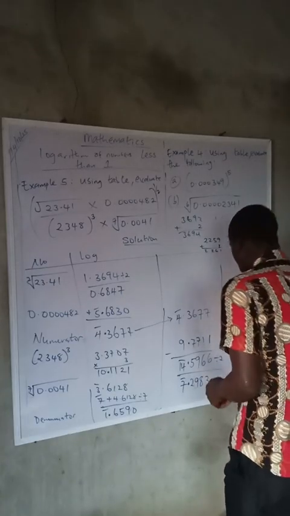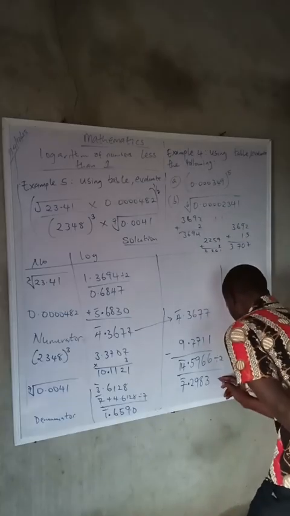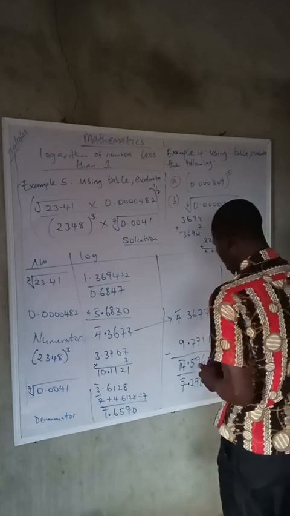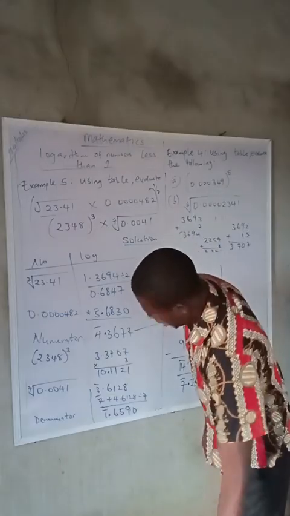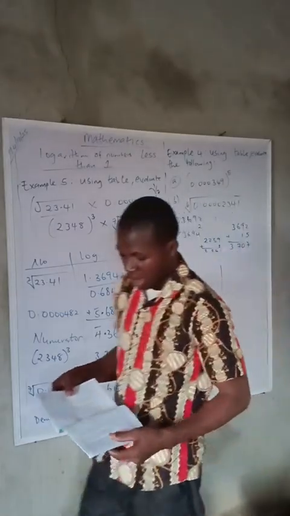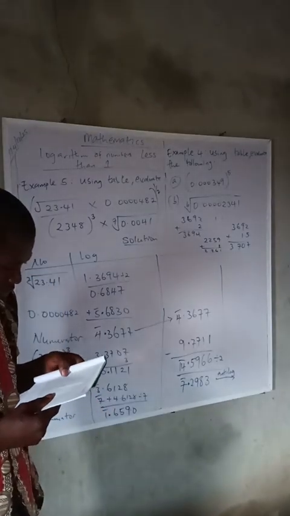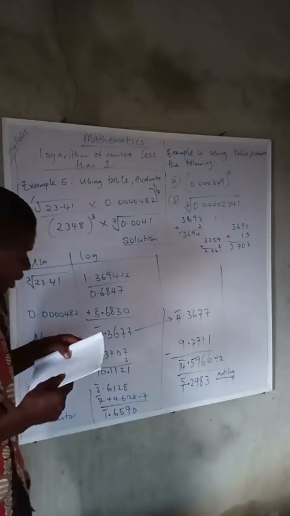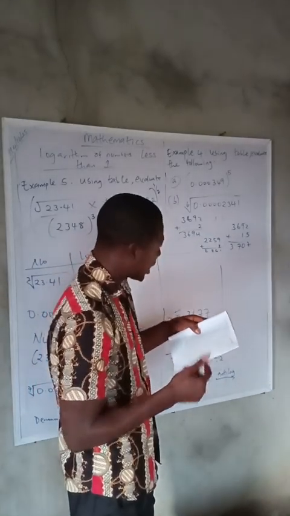I'm going to write the antilog this way. So we can check the antilog now. We are going to check 0.29 under 8, difference 3. Antilog of 0.29 under 8, from the table, is 1986.